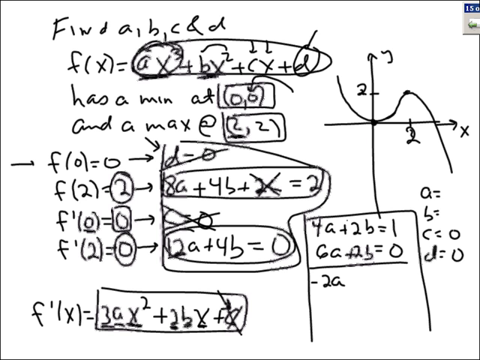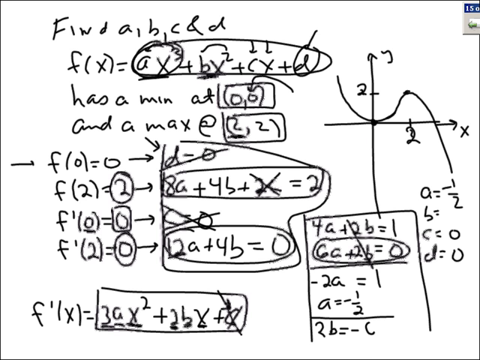Negative 2A, this is 0, equal to 1. So then A is negative 1/2. And now we can find B. For example, from this equation, we know that 2B is negative 6A, which means dividing by 2, B is equal to negative 3A.